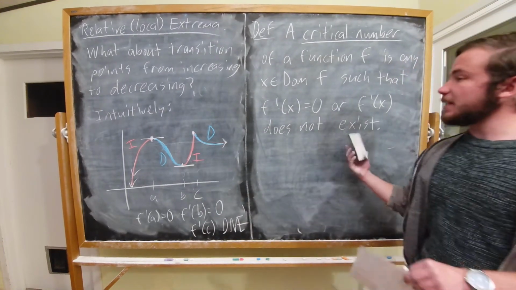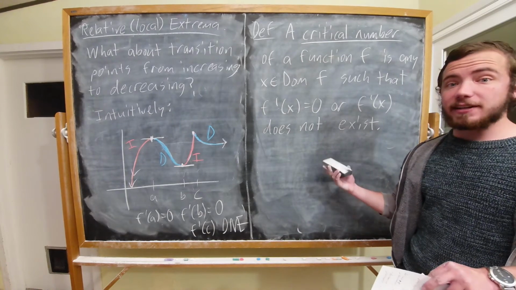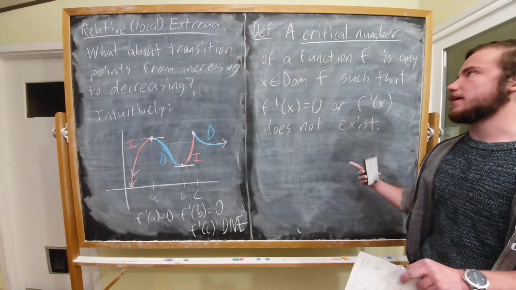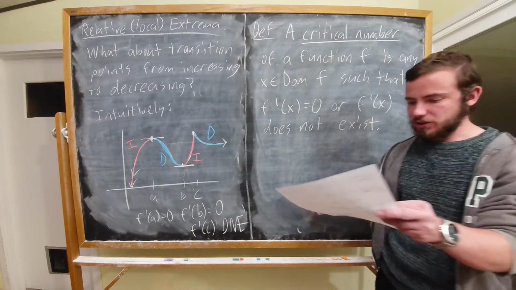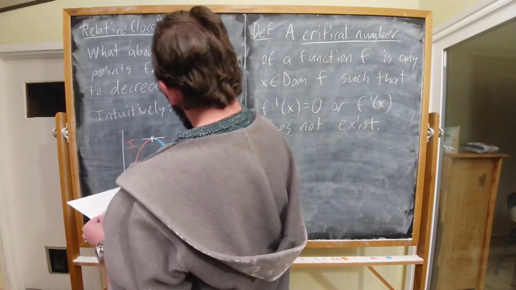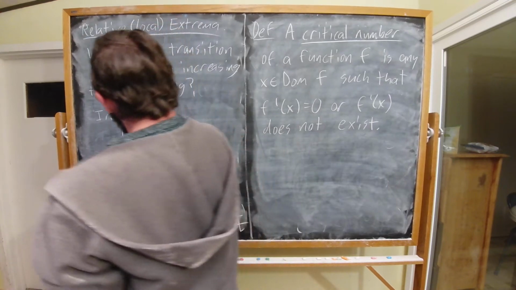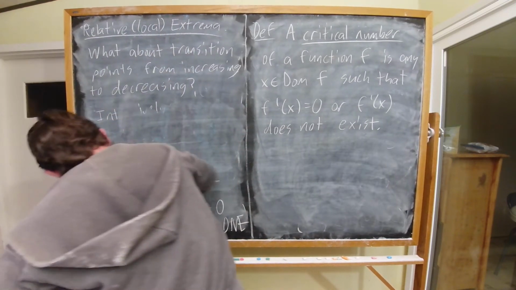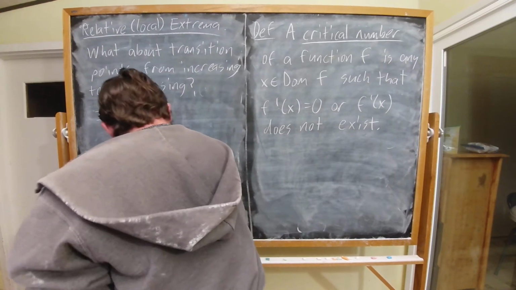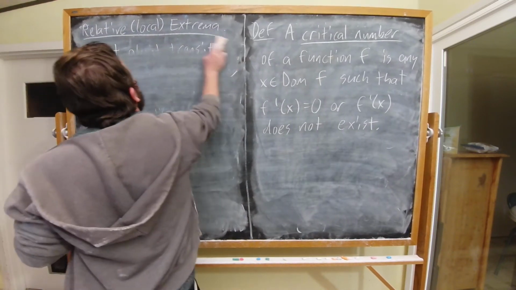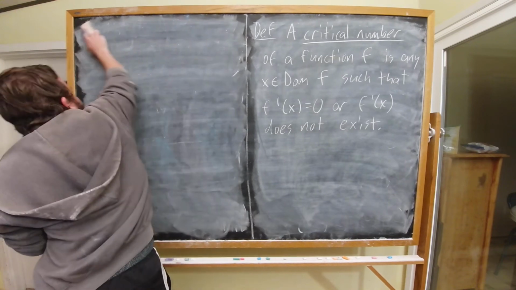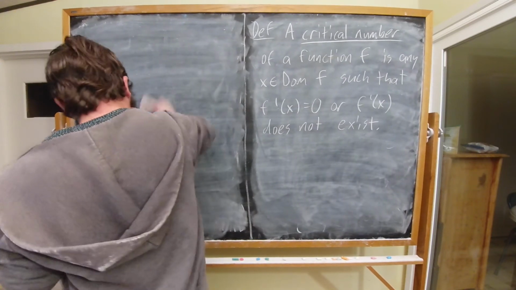Okay, this definition is going to give us a way to find relative extrema of continuous functions. Not every function, right? Because a discontinuous function can do whatever the heck it wants. Right?